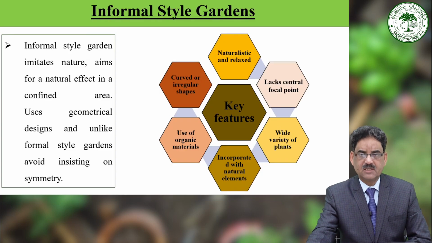Let's begin the lecture with a brief introduction about informal style gardens. An informal style garden is a type of garden design that seeks to emulate the natural and relaxed appearance of nature.